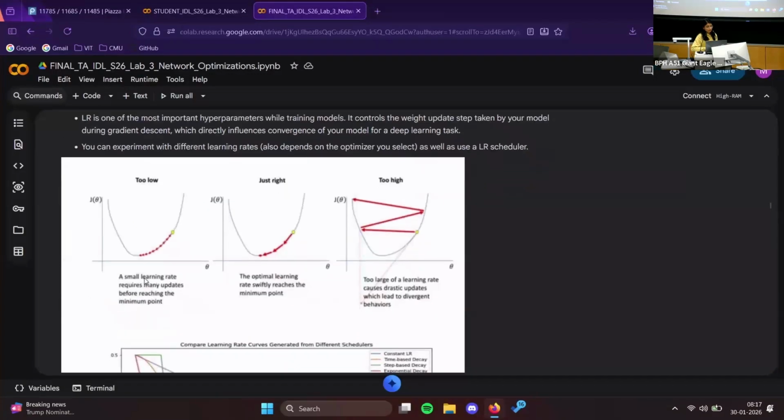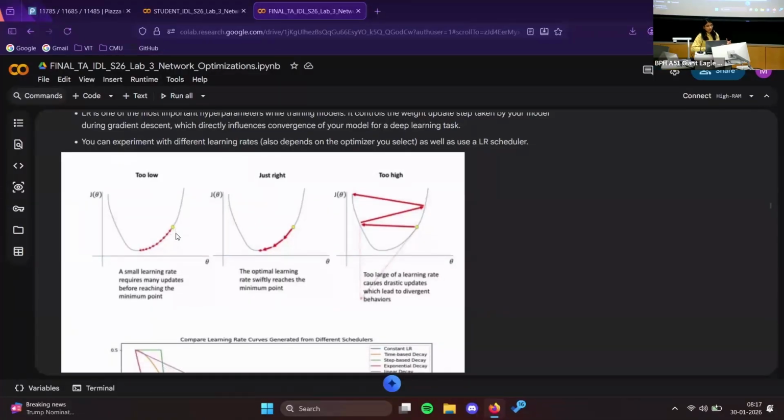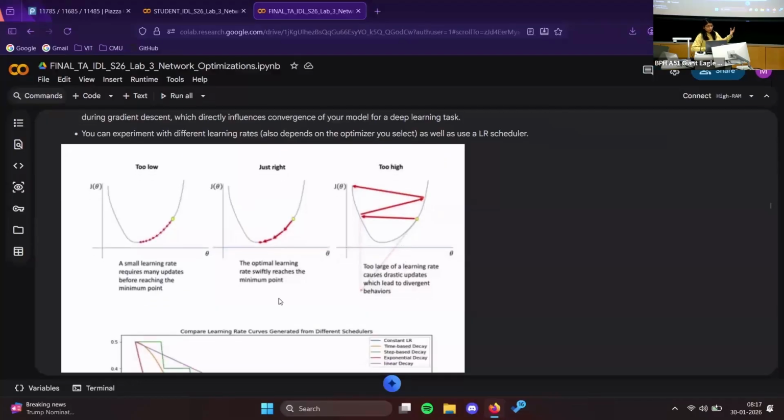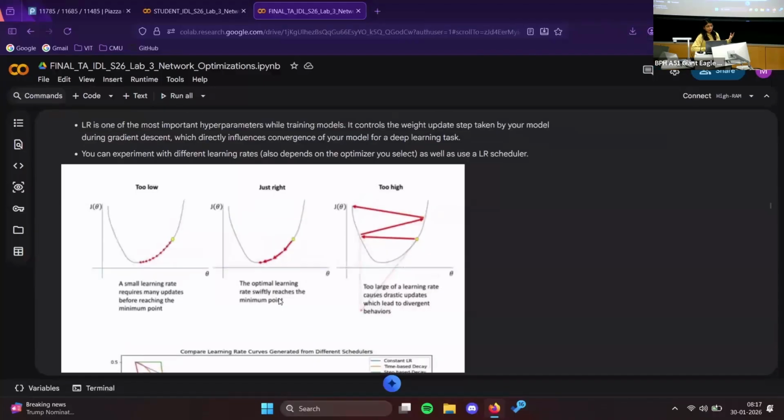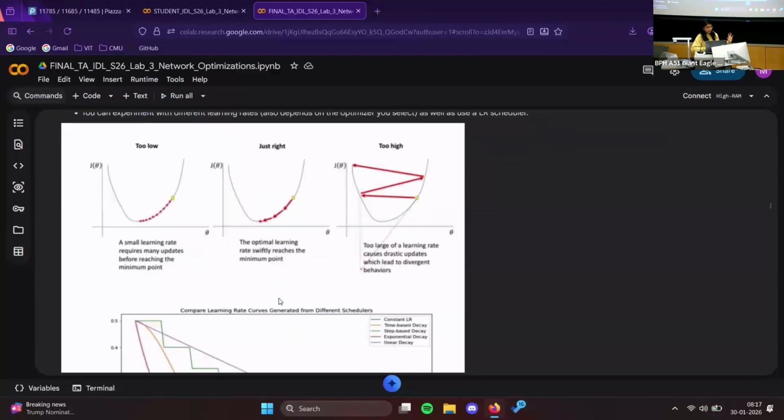As you can see here, if the learning rate is too low, you will take small steps and it will take a lot of time to converge. On the other hand, if the learning rate is too high, you will just keep bouncing around and it will be difficult for you to reach the global minima. So it's really important to have an optimum learning rate.